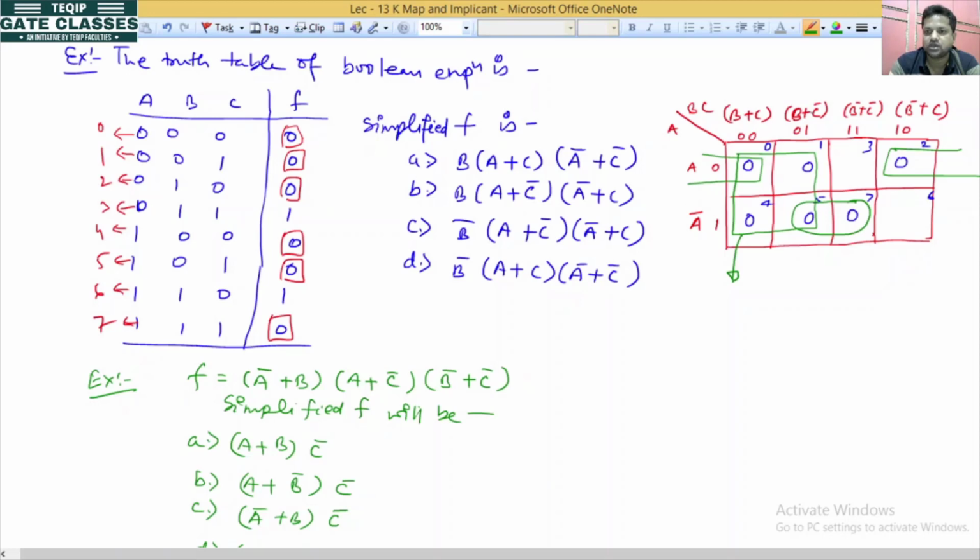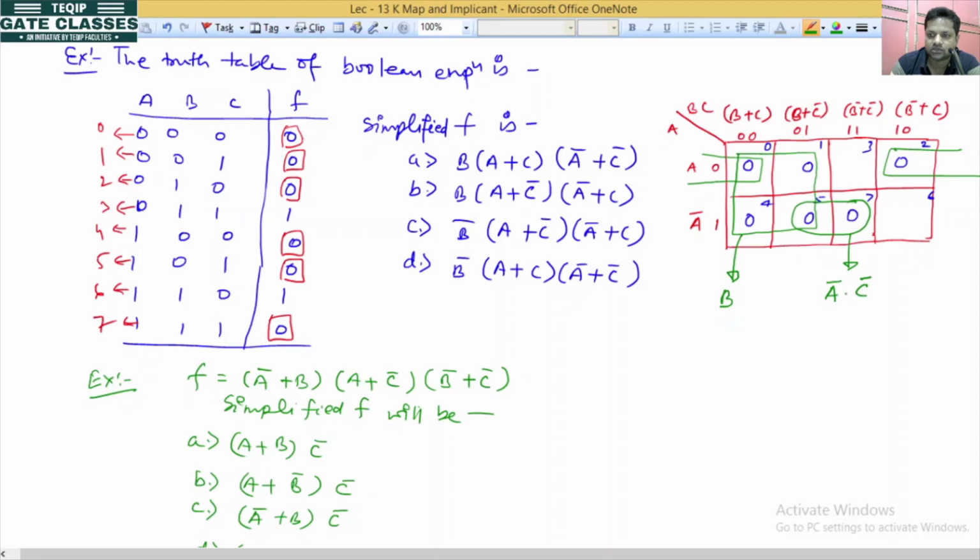From above we have only B common, so put B here. Now for this pair, A bar is common from rows, and from columns we have B plus C bar and B bar plus C bar, so C bar is common.